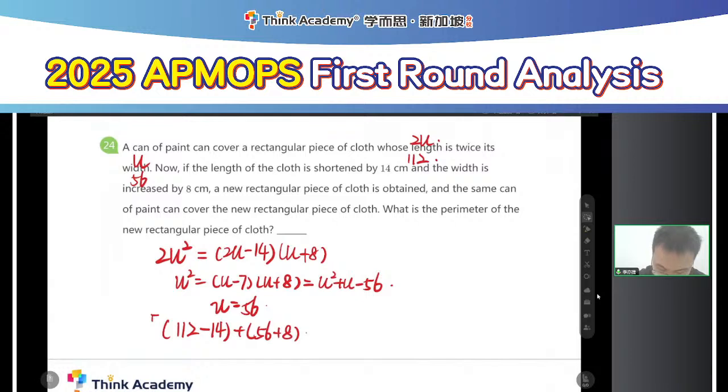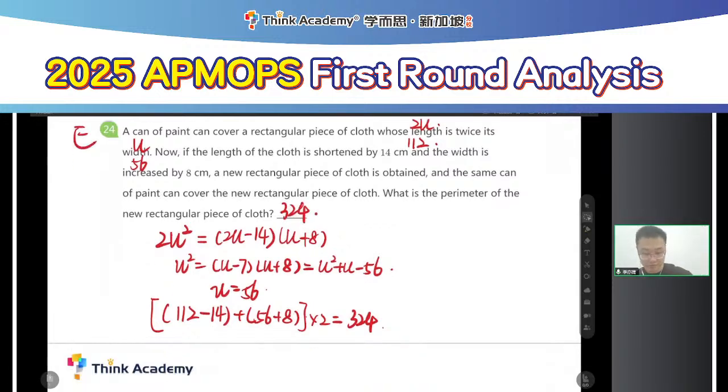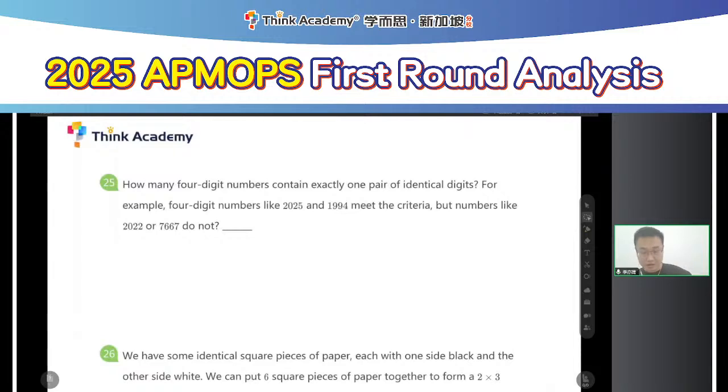And then times 2. Don't forget the times 2. So what is the final answer? It should be 324. Yeah, 324. This is easy. I suppose this is easy.